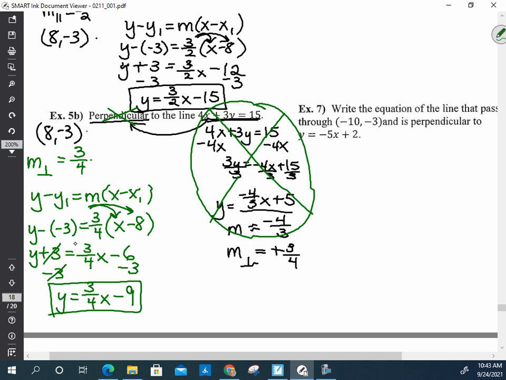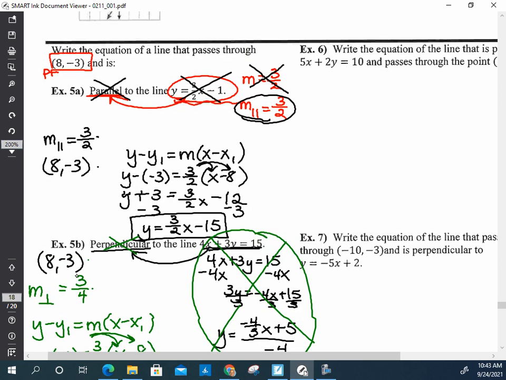So just as I mentioned with parallel, if we were to graph the original line and graph the perpendicular line, you would see that they would meet to form a right angle. You would see that point in which they would meet to form a right angle. So again, that's how we work parallel and perpendicular.